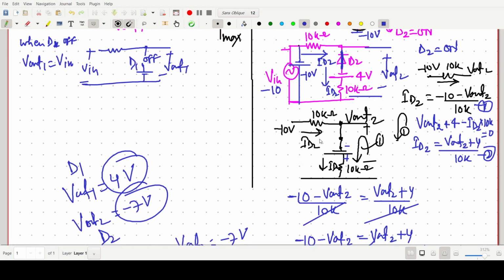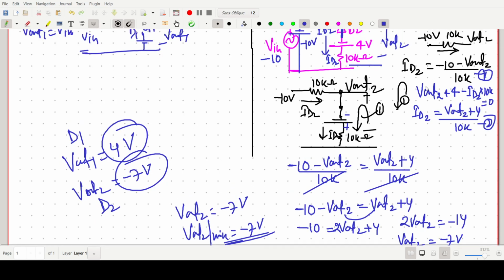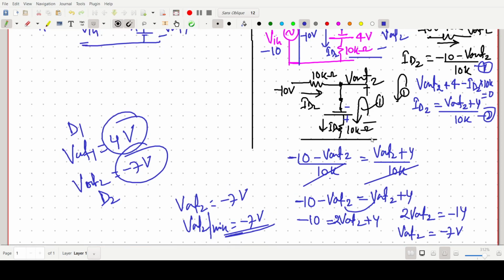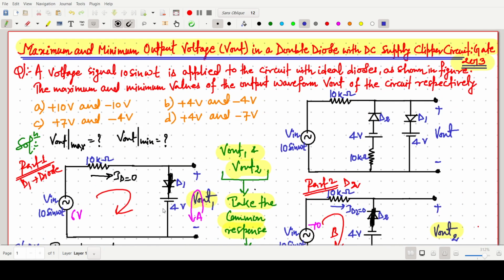Actually there was a mistake by me at that time, so it should be minus 10, minus V output 2 by 10k, equals V output 2 plus 4 by 10k. Or you can solve it by your convenience. So 4 volt will be the maximum and minus 7 volt will be the minimum for this question. So I think D will be the correct answer for this problem.